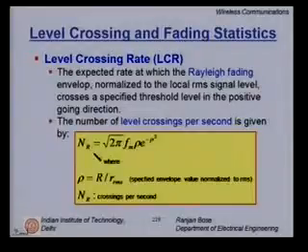It is intuitive. Okay. In a distribution, if you increase the level of your threshold, then the number of times you cross it per second will decrease. On the other hand, if you have a very low threshold, you will tend to cross it many times per second, but it is e raised to power minus rho squared.